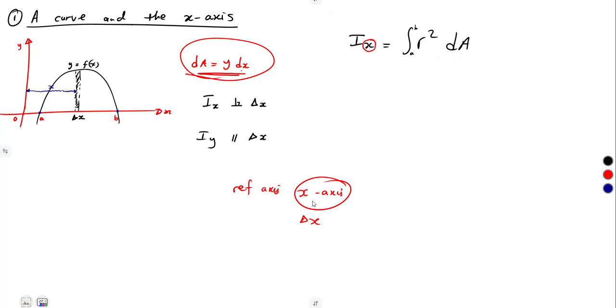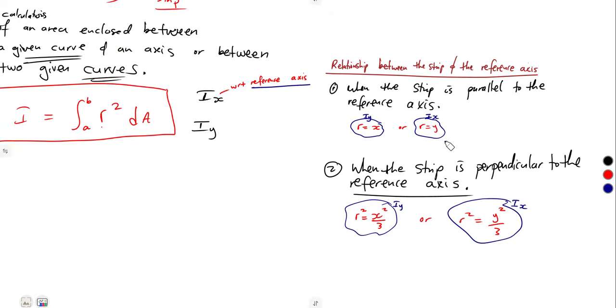So you check the x-axis, the reference axis, and the strip. How are they related? They are perpendicular to each other. If they are perpendicular to each other, how do we take our r? We go back to these two. Where they are perpendicular, r squared can be related to this part that you are dealing with.